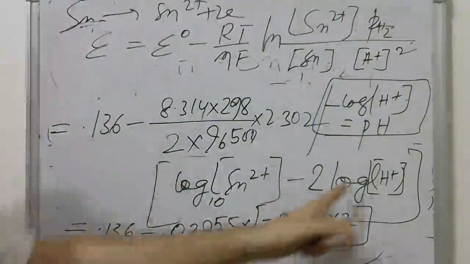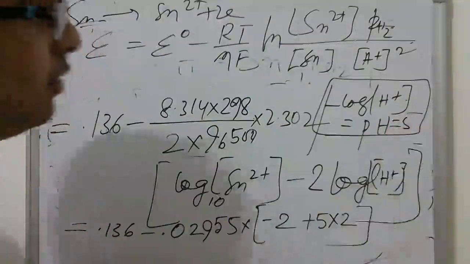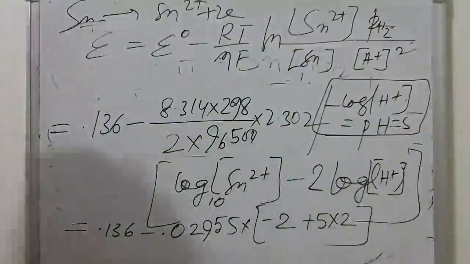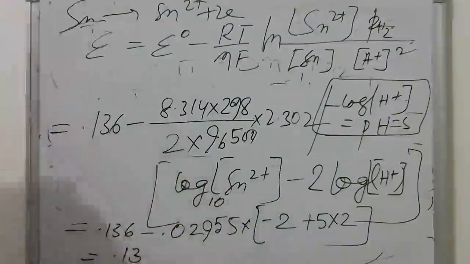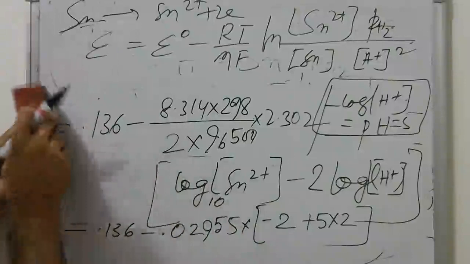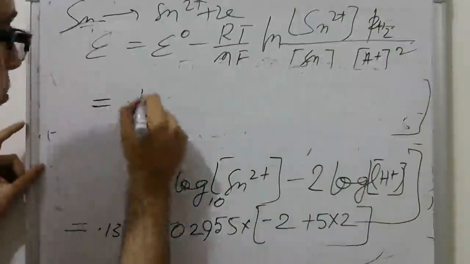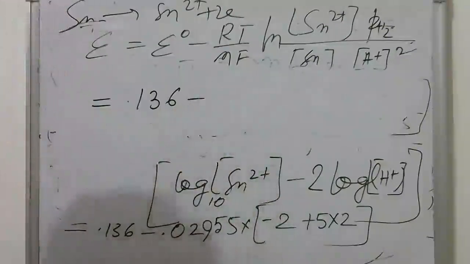Minus logarithm of H+, we put pH, which is given as 5. So I put it here, 2 log, 5 into 2. If I do the calculation again, it becomes 0.136, I just write it at the top, otherwise you don't understand.